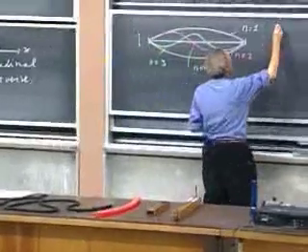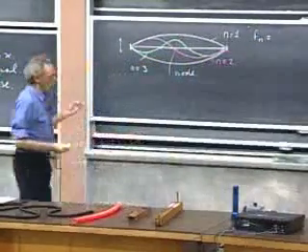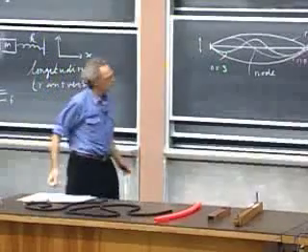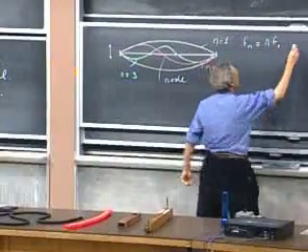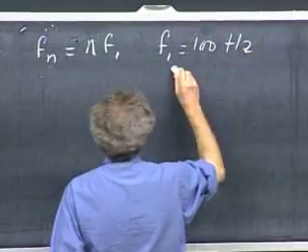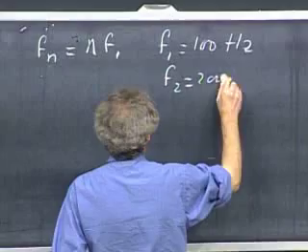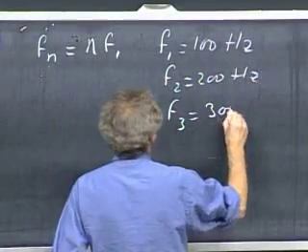The frequency that I generate, I call that f_n, where n is an integer, it could be 1, 2, 3, or 4, is linear in f1. In other words, if f1 were 100 hertz, then f2 would be 200 hertz, and f3 would be 300 hertz.